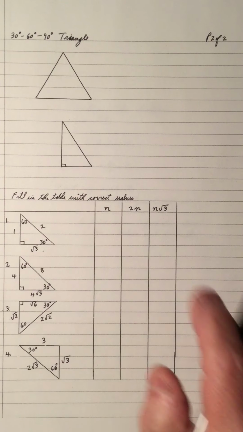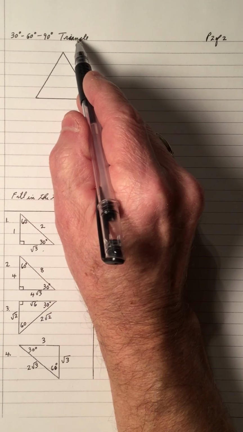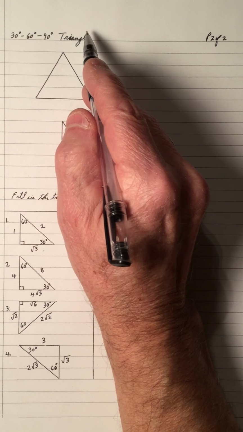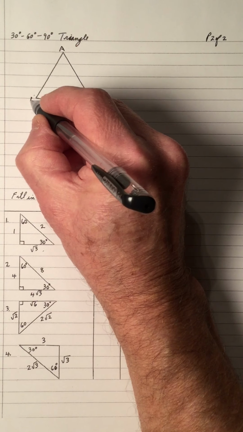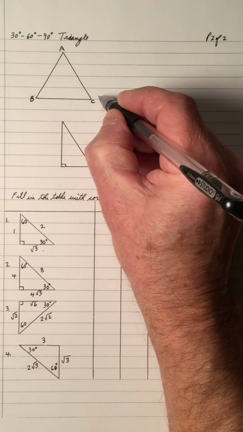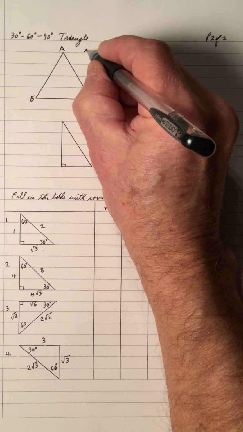So what I have is I'm looking at the 30, 60, 90 triangle in relation to the sides. What I have here is a triangle. I'm going to label it triangle A, B, C, and this triangle is going to be equilateral.